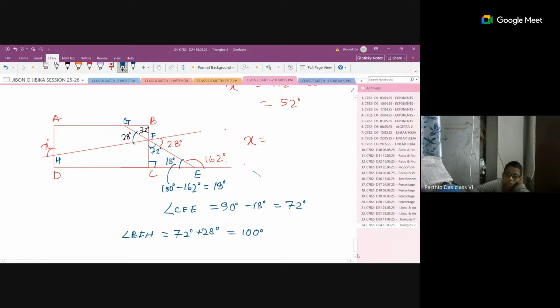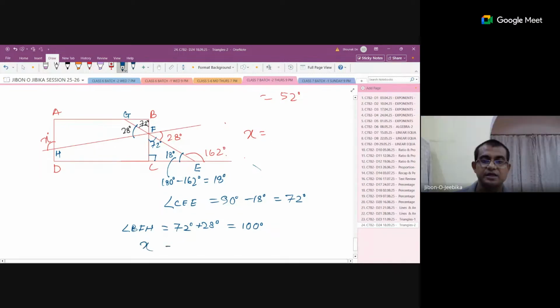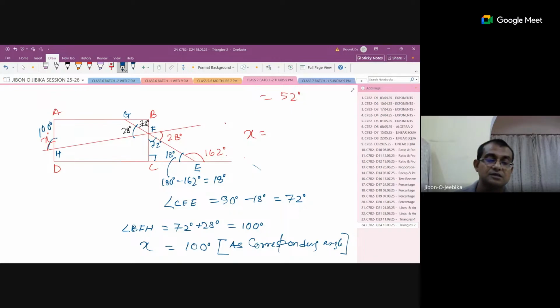So x is equal to 100 degree as corresponding angle. So this is 100 degree. Good.